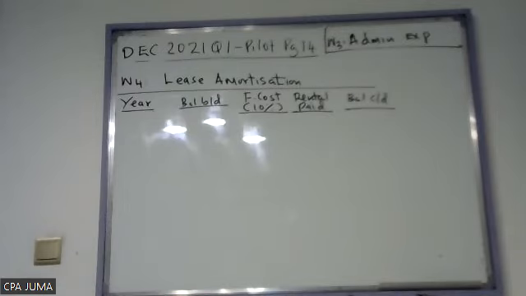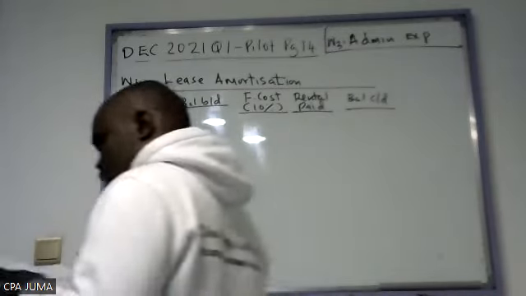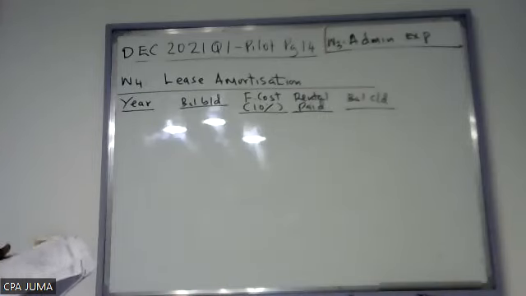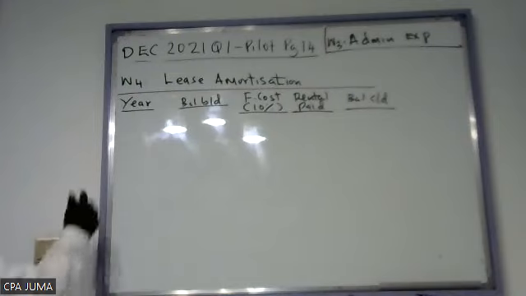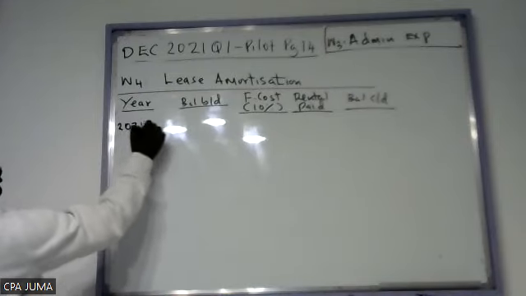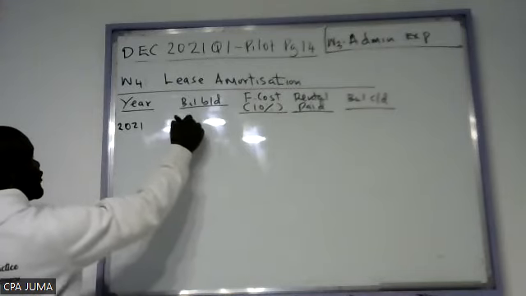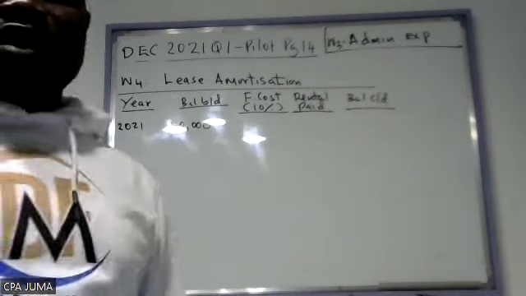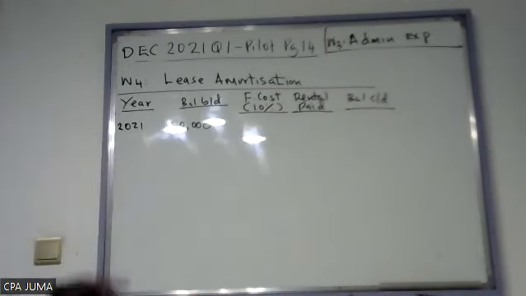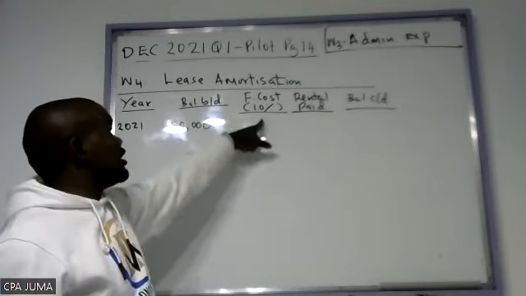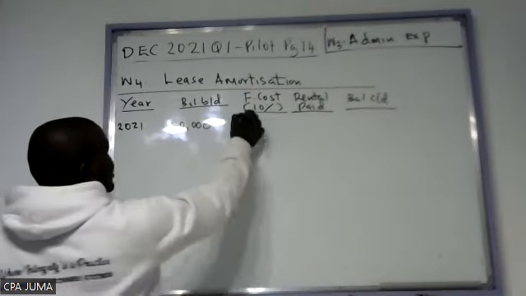All right, so here we are in year one. For this year, 2021, balance brought down is 50. It was 10 times 5 to get the value of the leased asset. So we talk of 50, then finance cost will be 10% of this, which is 5.